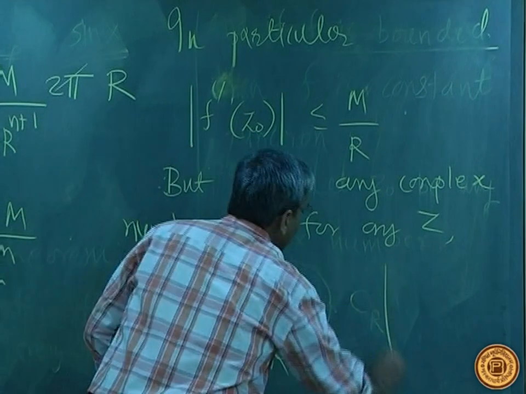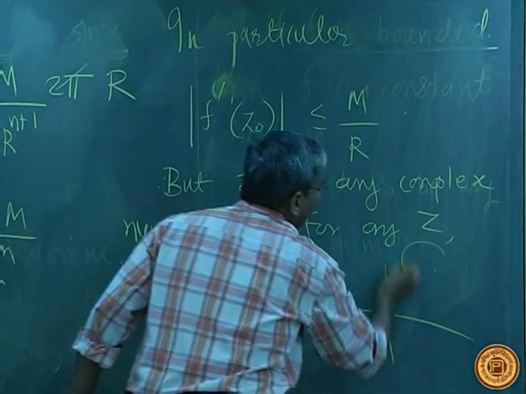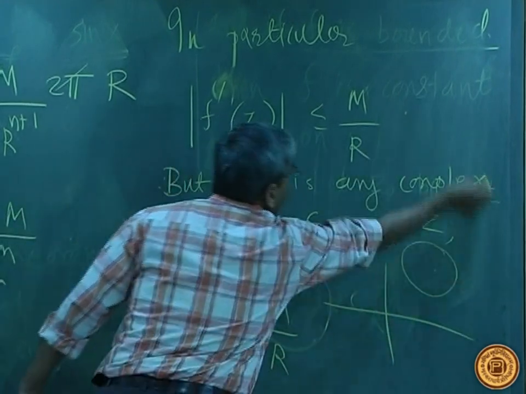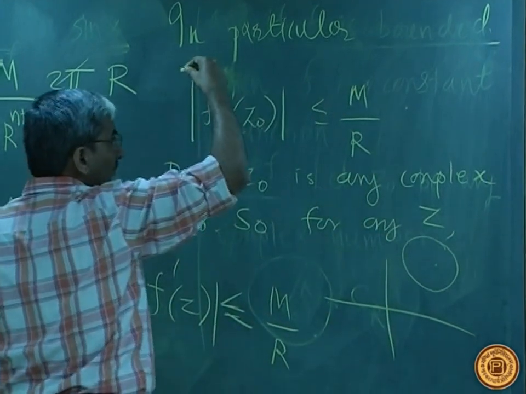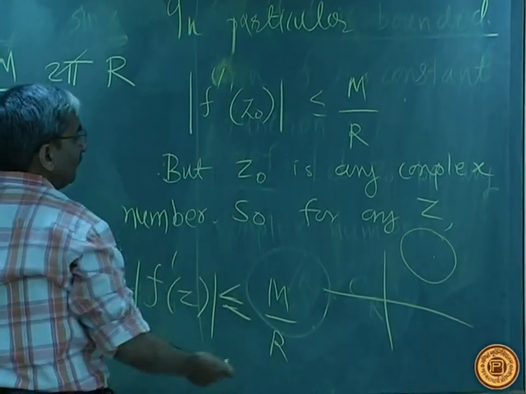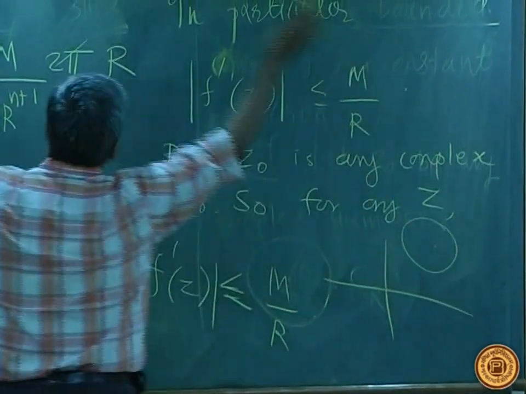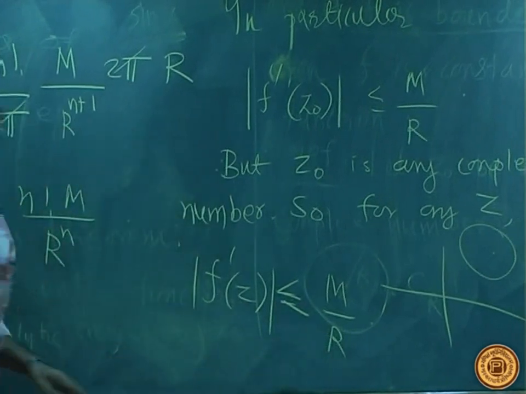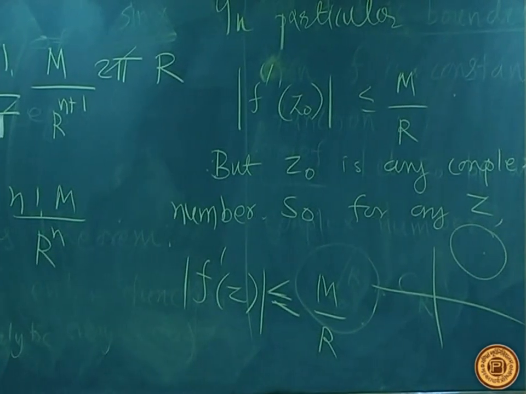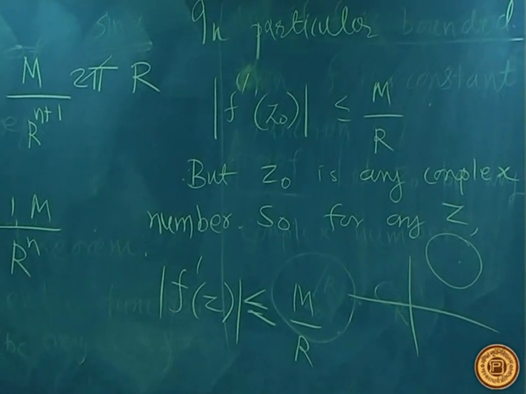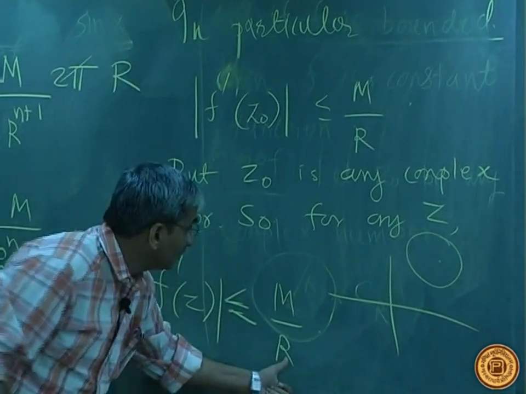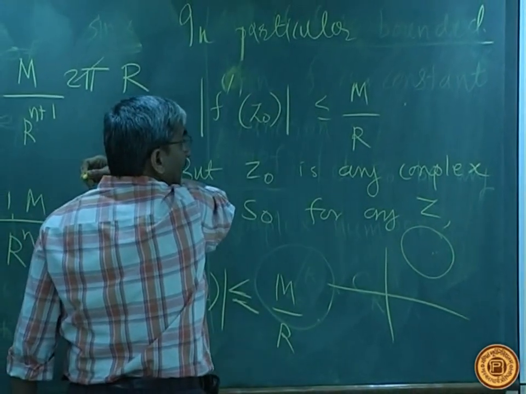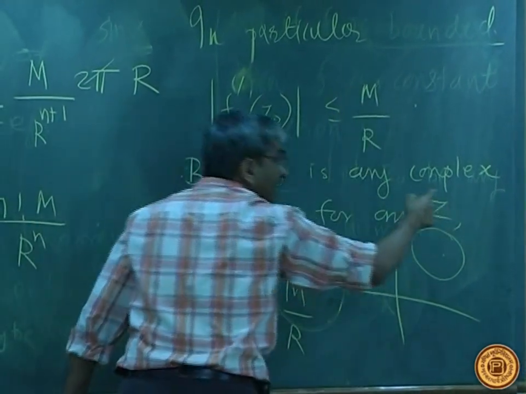Essentially, what we have done is take any point and take any radius. Then you have this bound, where this is the radius. That is also true because all we need is that f is analytic on and inside the circle. But f is entire, so it is analytic everywhere. That means you can take r as large as possible, and f is analytic on and inside that circle.